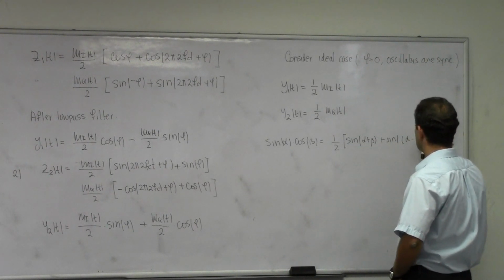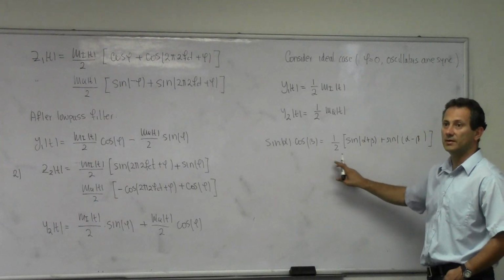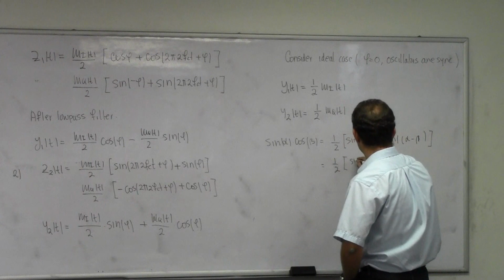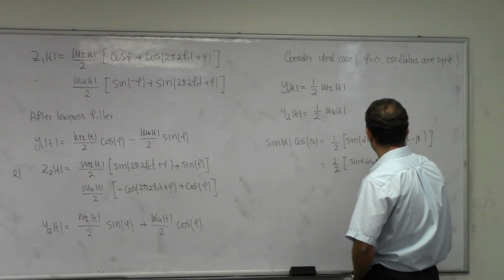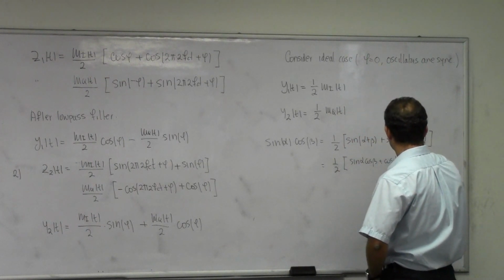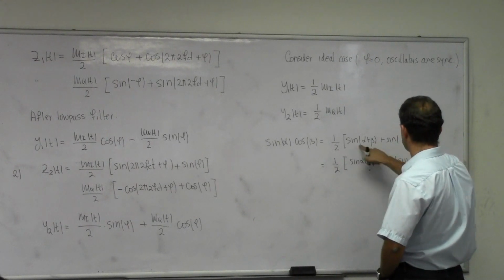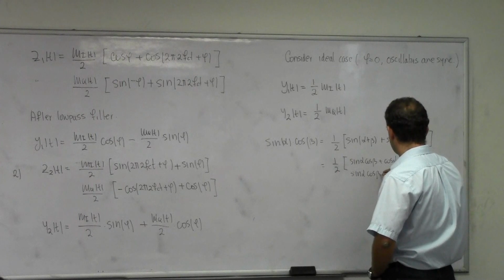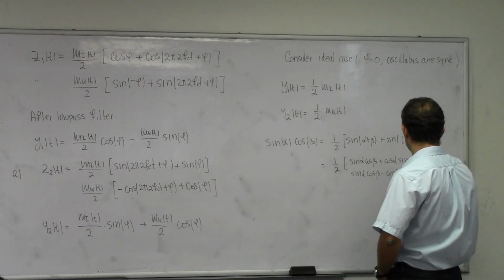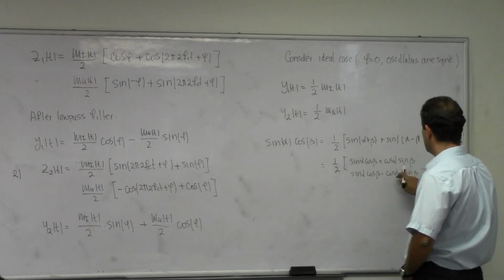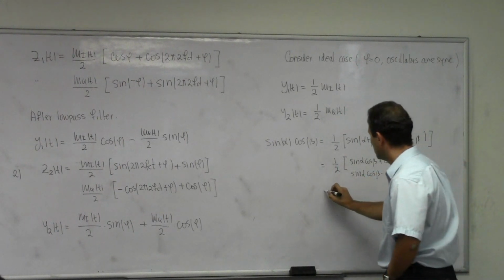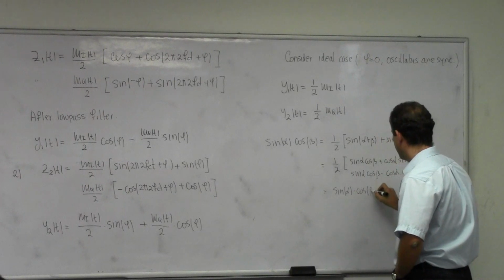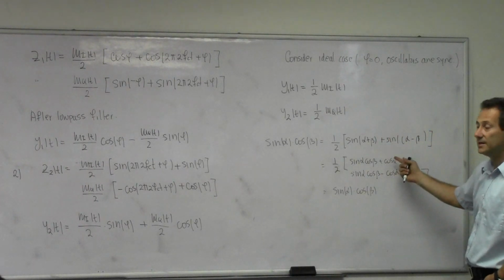So let's test this one. This should be giving me sine alpha cosine beta, right? So if I do this, this is 1/2 of sine alpha cosine beta plus cosine alpha sine beta from the first one, and then from the second one I have sine alpha cosine beta minus cosine alpha sine beta. And you can see these two cancel, so this is equal to sine alpha times cosine of beta. Right? So that's my trig identity.